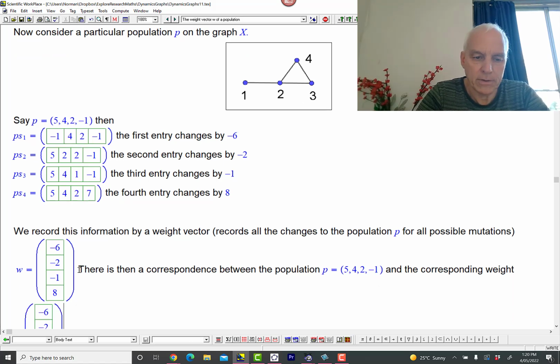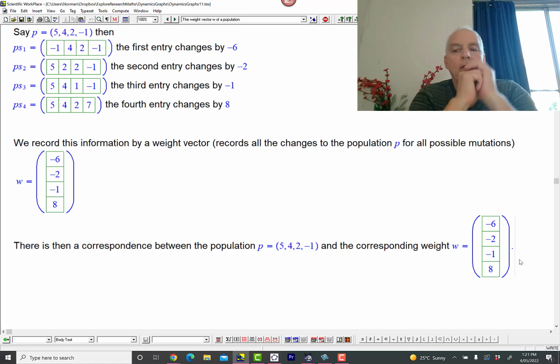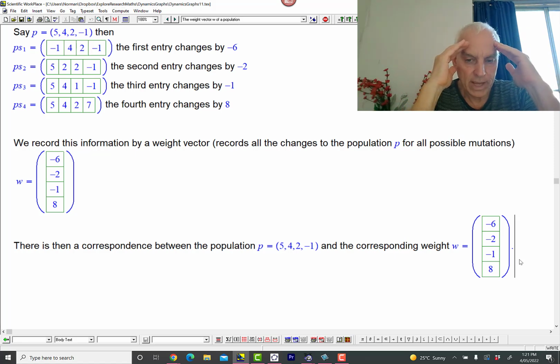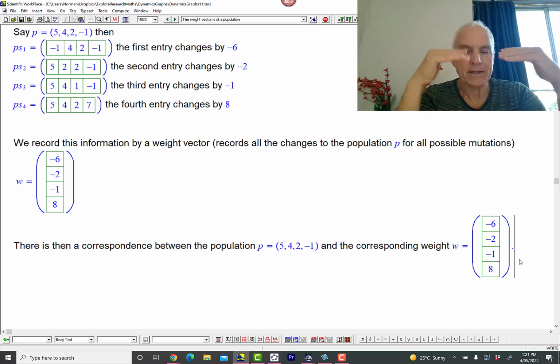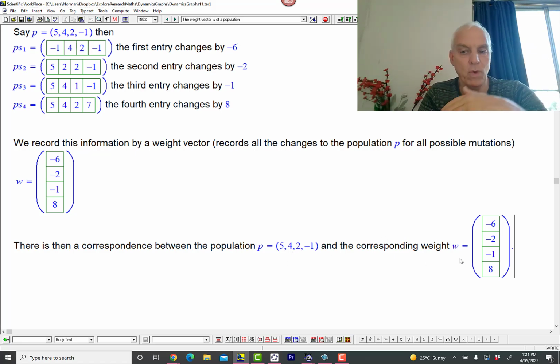Maybe I'll make a new line so we can see both of them. So there is then a correspondence between the population P and the corresponding weight W. Here is the essential duality that's going to play a huge role. So now we have a kind of balance situation. We have this population, but now we have a corresponding weight associated to it.